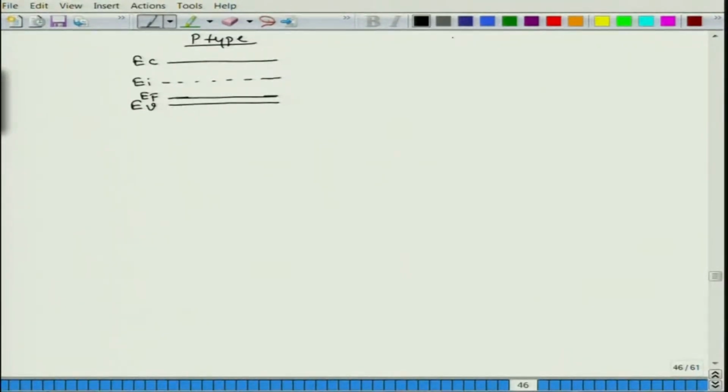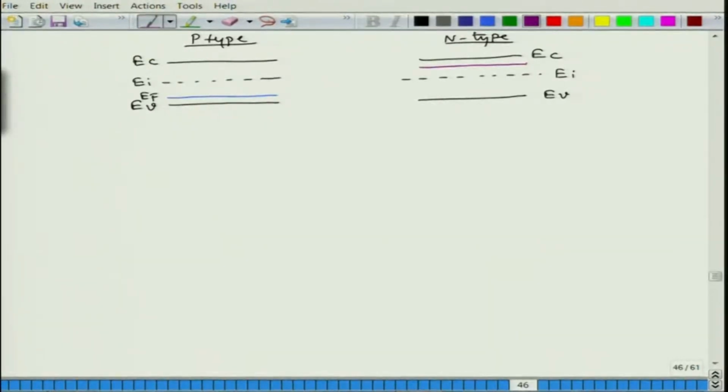Same thing if we have an n type: the conduction and valence bands are just like this, and the intrinsic Fermi level is also at the middle. And for the n type, the actual Fermi level will be closer to the conduction band edge. So, this is the actual Fermi level of the n type semiconductor.